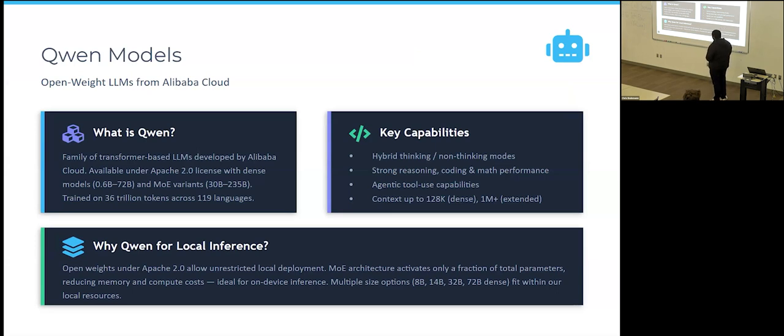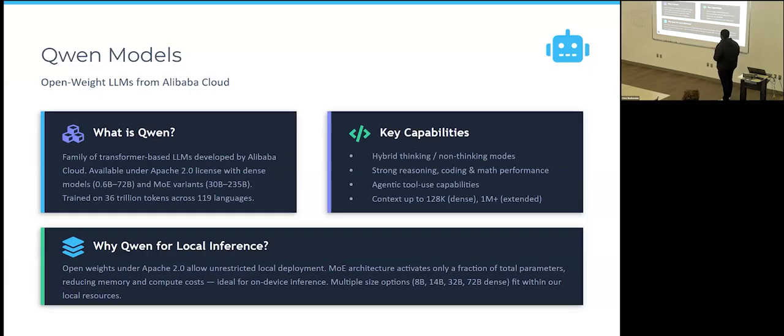It's got support for many other languages, which could be useful if we're looking at a corpus that's not just English, but maybe papers from other languages. The models also have hybrid thinking modes and quite a huge context length. So if we have queries or inputs that are quite long, these models are going to perform really well.